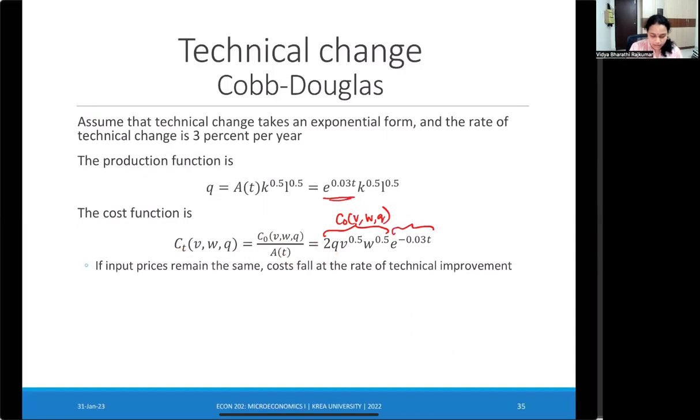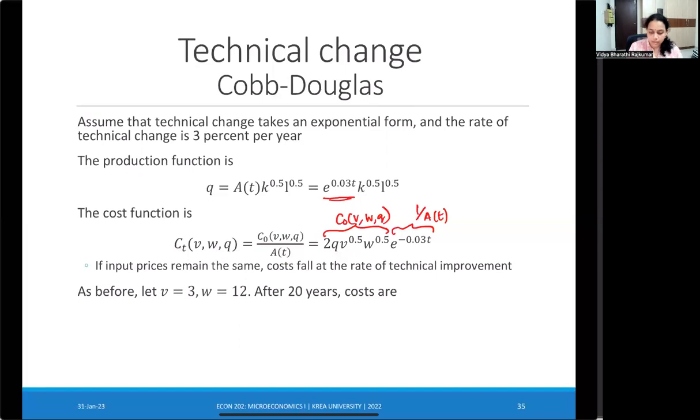And this part is just your 1 divided by A of t. So this tells you that if input prices stay the same, your costs are going to fall at the rate of technical improvement. Let's see numerically.